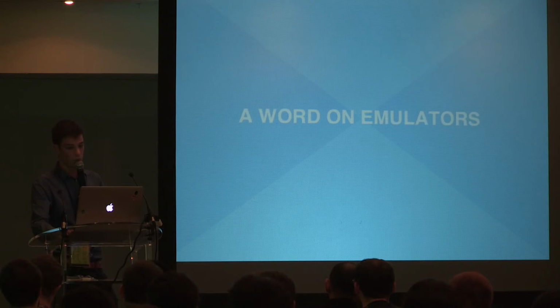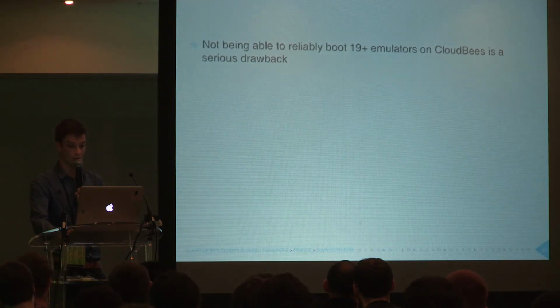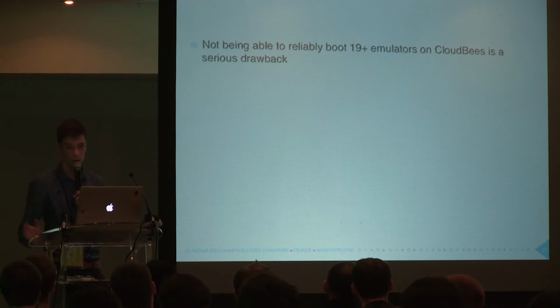Let's take a whirl back on emulators, since I've told you that you cannot boot an Android 19 emulator on CloudBees reliably. It's a serious drawback, because Android 19 is KitKat. It's starting to grow in popularity and in shares in the Android device market.